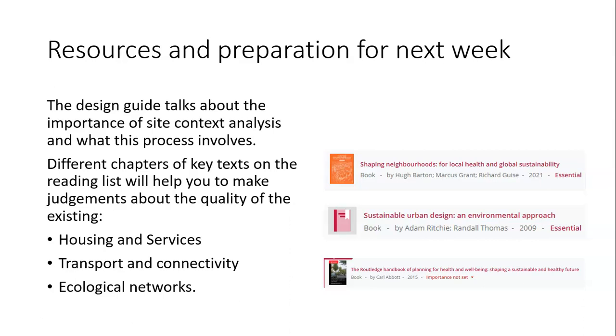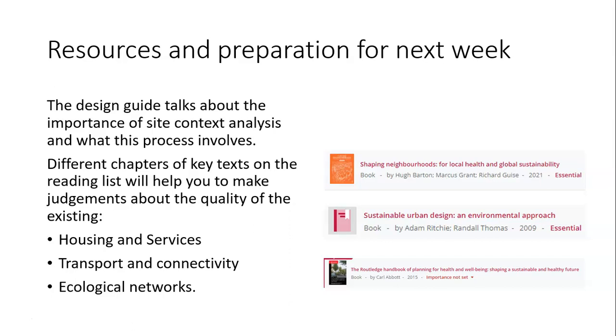There are lots of different key texts on the reading list, all of which cover similar themes from slightly different perspectives. So I've shown 3 examples here that are on the reading list that you could go and have a look at. And I'm not asking you to read the whole text, but they will have specific chapters on the key elements that you're going to be looking at: the housing and services, transport and connectivity, and ecological networks.